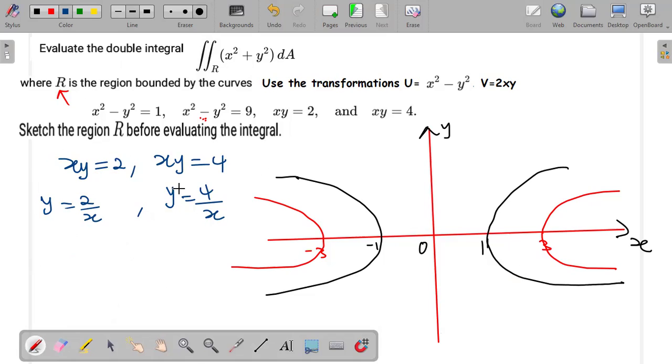We can try to find some points. If, for example, I have my 4 somewhere there as my x value, let's draw a table of values.